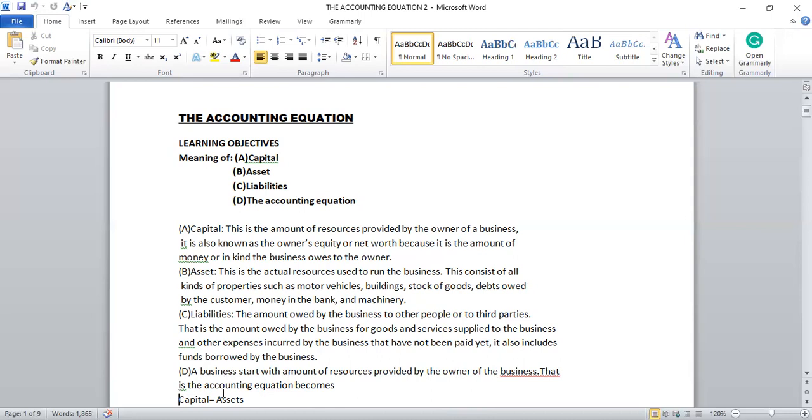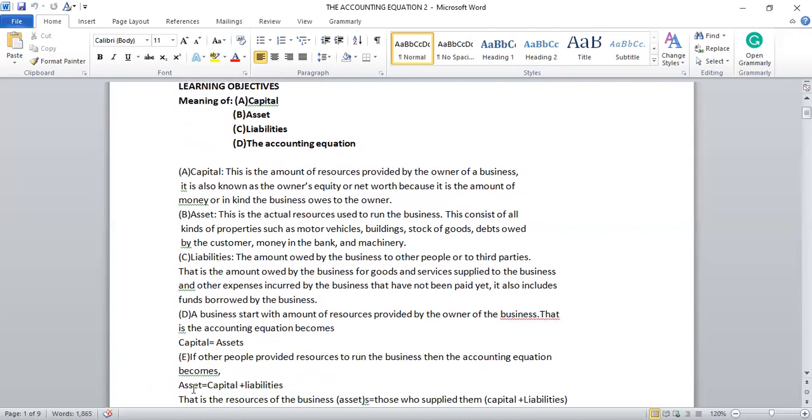That is the accounting equation becomes capital is equal to assets. As I explained, once the owner has provided cash or income, it's a capital. And this capital is the same as the assets, implying that this capital is going to be used to run the business. That's why we call it assets. So that's why we are saying that the capital is equal to the assets.